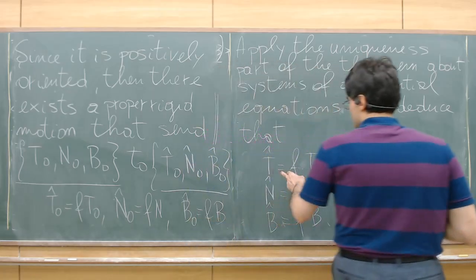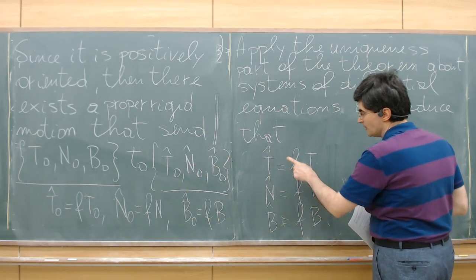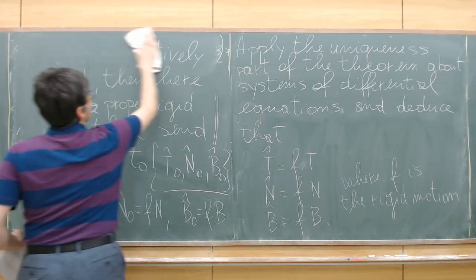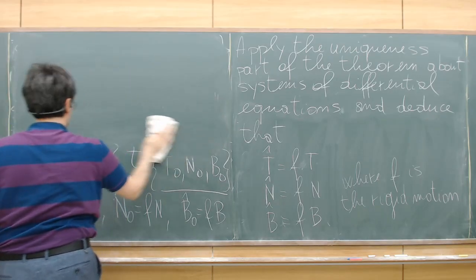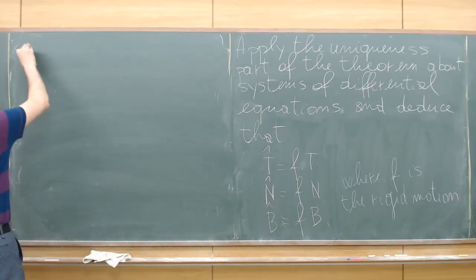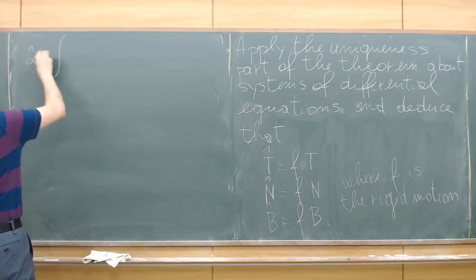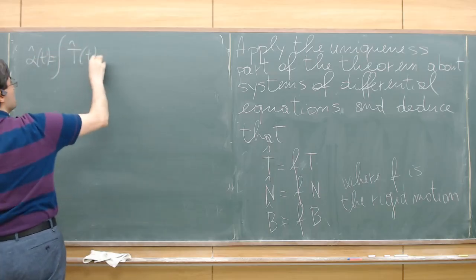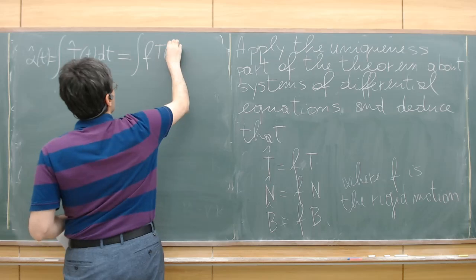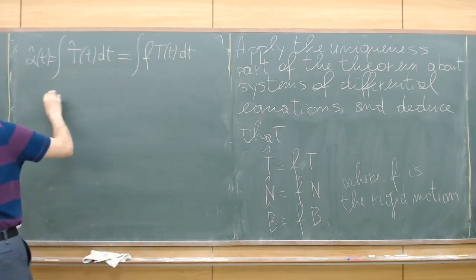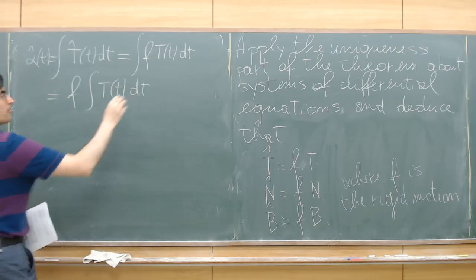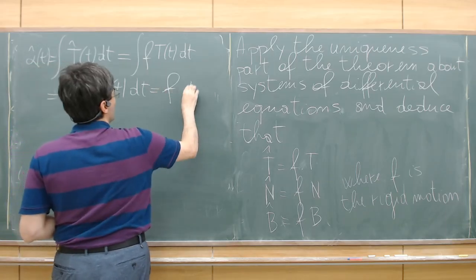Once you have that T hat, N hat, B hat are related to T, N, B this way, then you can conclude that alpha hat is the integral of T hat of t dt, that is the integral of f applied to T of t dt, equal f applied to the integral of T of t dt, that is f of alpha of t.